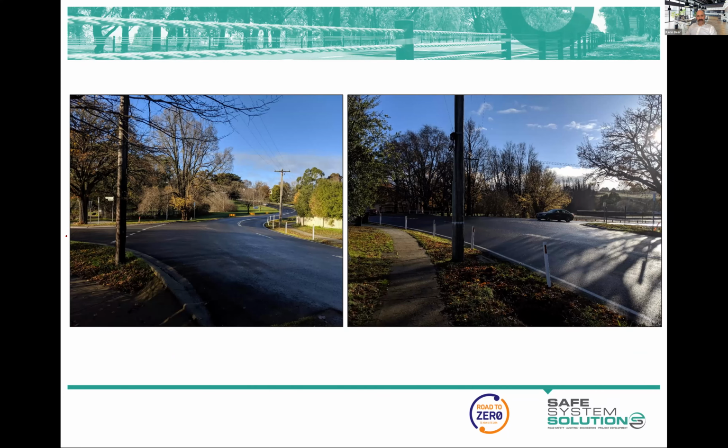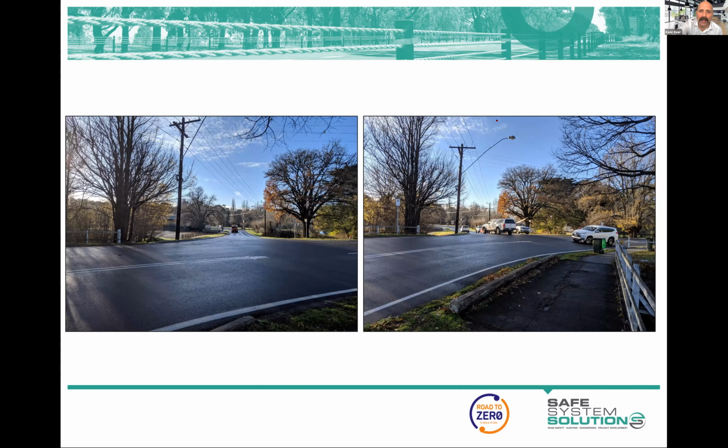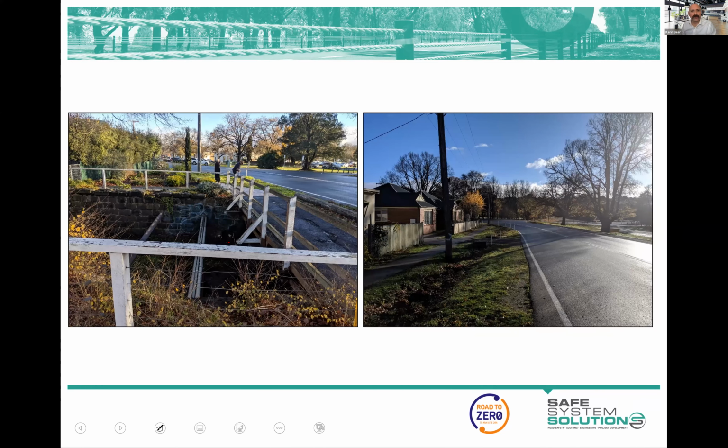It looks like a give way controlled, passively controlled intersection. It's got some power poles, a bit of footpath, and some lighting. It looks like a drainage structure of a creek or something, and a bridge.